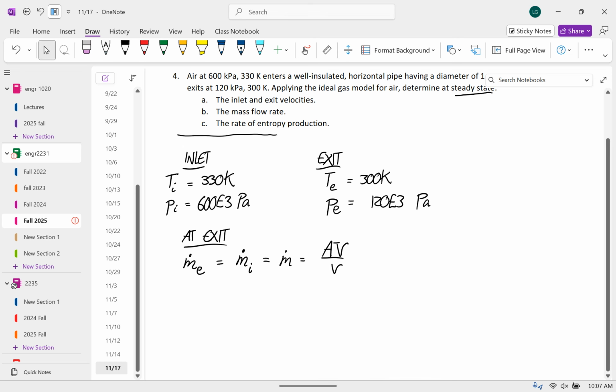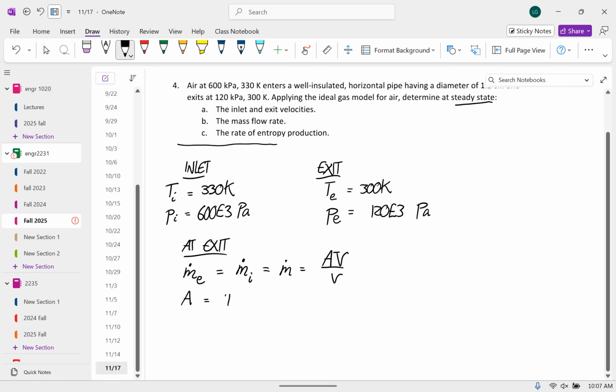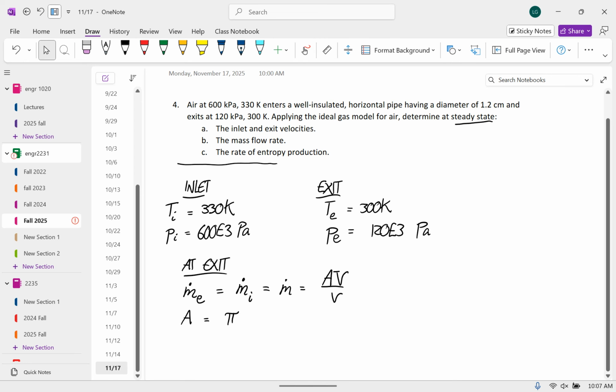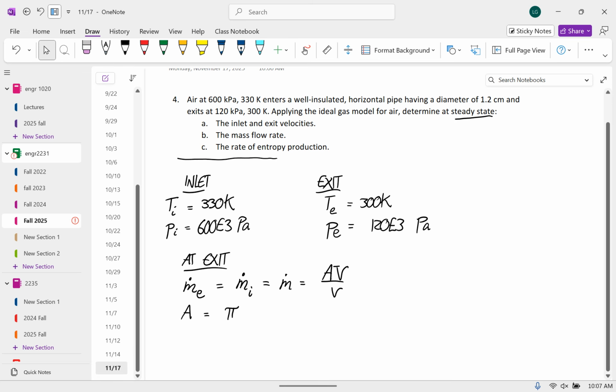The area is pi times the radius squared, and the radius is 0.6 centimeters. So that is 0.006 meters.